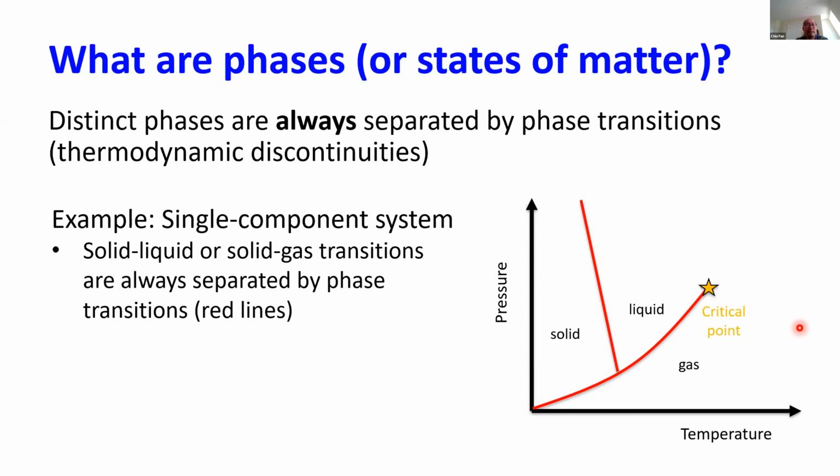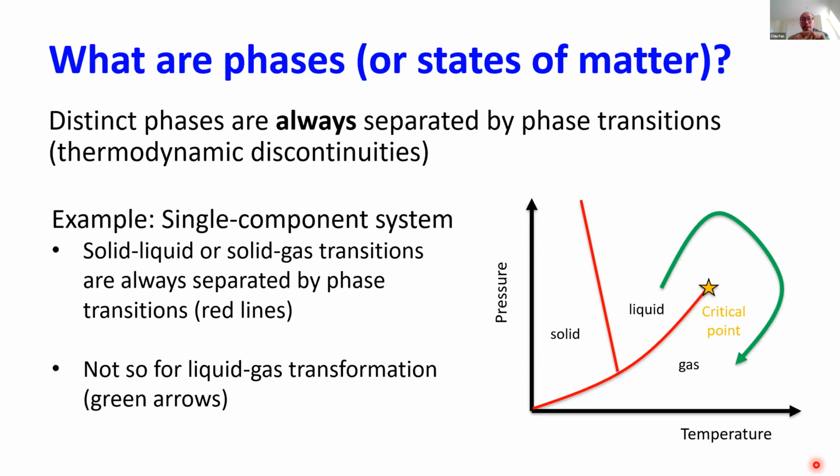And in particular, you can have a phase diagram here on the right. The parameters are temperature and pressure. You can be in the solid, liquid, or gas regime. Now, solid-liquid or solid-gas transitions are always separated by a phase transition. Hence, they are distinct phases by this definition, right?